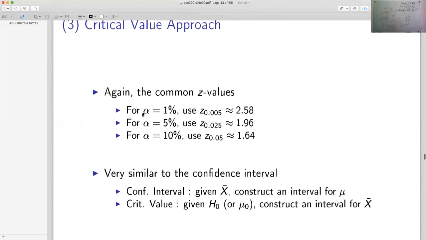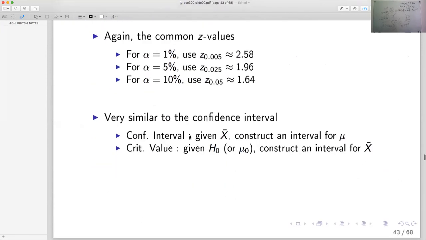For example, for alpha 1, 5, 10%, the respective z value is this from the previous chapter. It's very similar to the confidence interval. Given x bar, construct an interval for mu, and given the critical value under H naught, construct an interval for this. This is the main difference, okay?